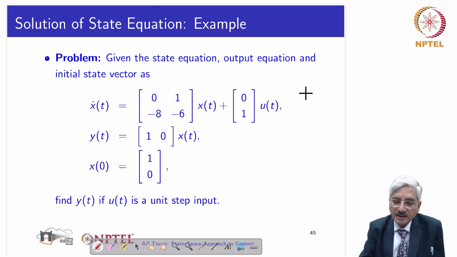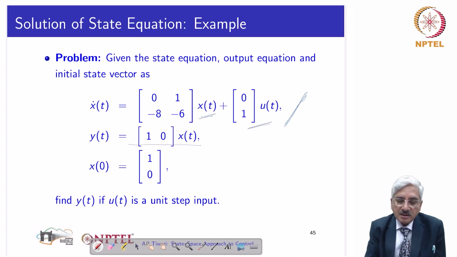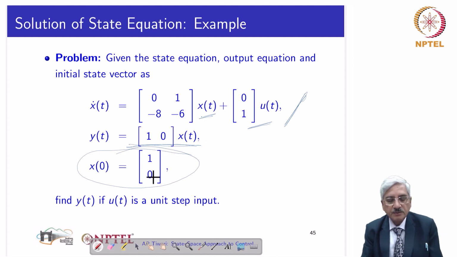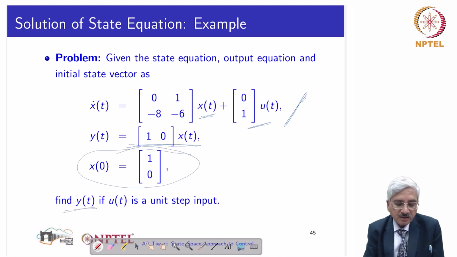So we consider this second order equation x dot equal to 0 1 minus 8 minus 6 xt plus 0 1 ut, and yt is 1 0 xt. The given initial state at t equal to 0, x0 is 1 0, and we have to obtain the time response solution of the output if the input is a unit step.